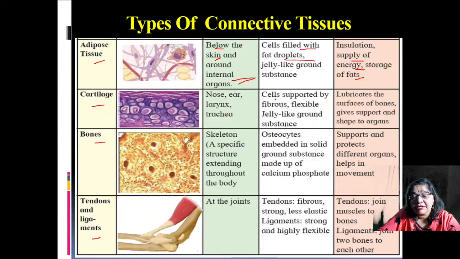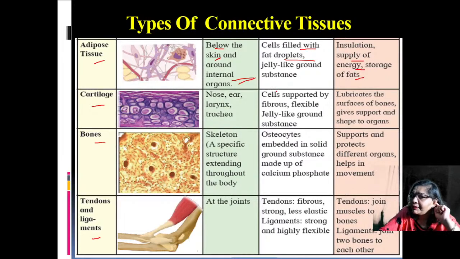Now if you see the cells present in this cartilage tissue, the cells are supported by a fibrous, flexible, jelly-like matrix. You can see different types of cells arranged in the jelly-like matrix. That is why organs like the nose and the ear are slightly flexible. You can move them, but they don't move on their own, right?